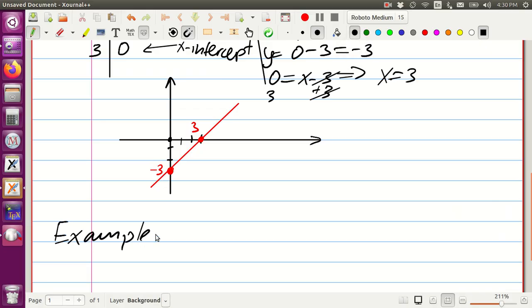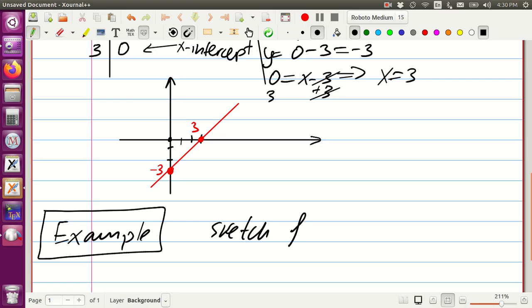So let's do the next example. In this example, we have the following function. We have to sketch f of x equals the absolute value of x.